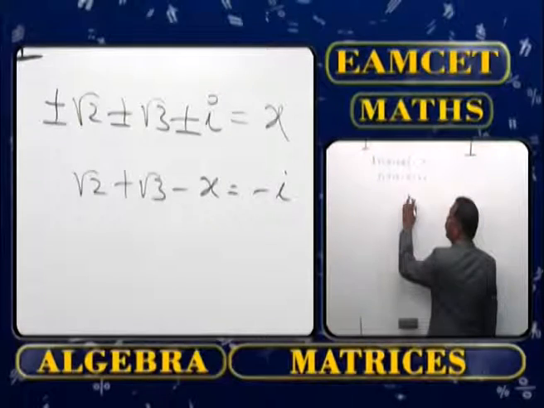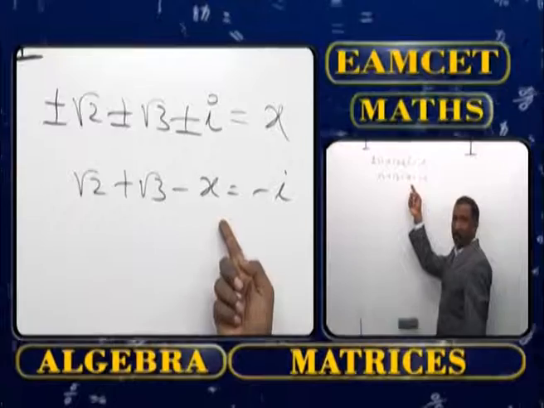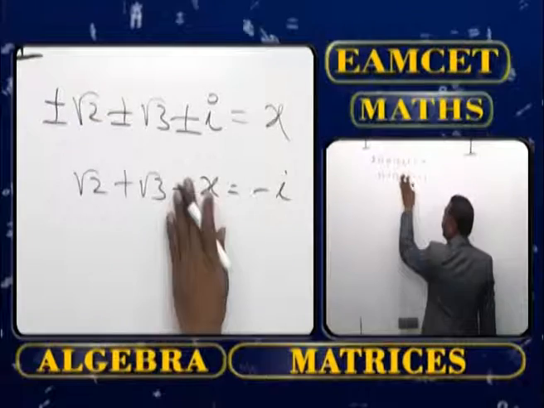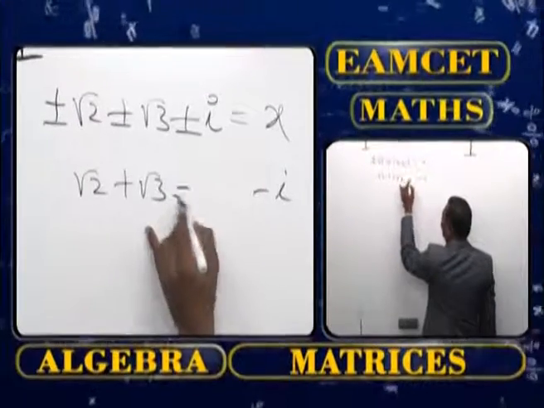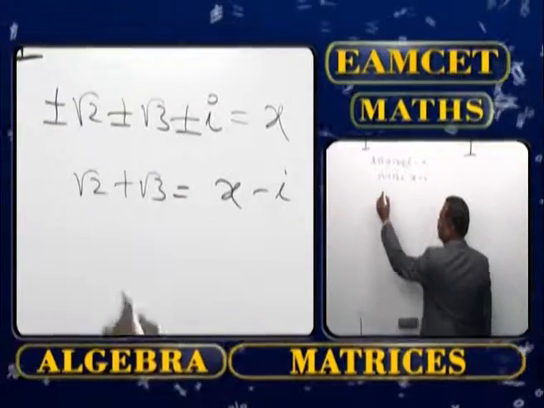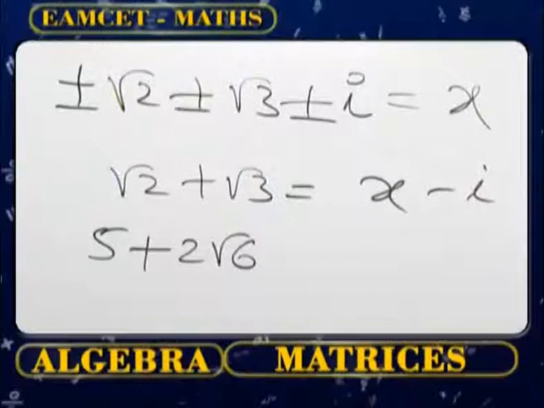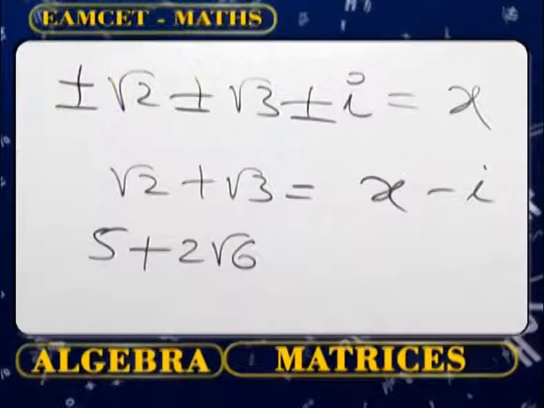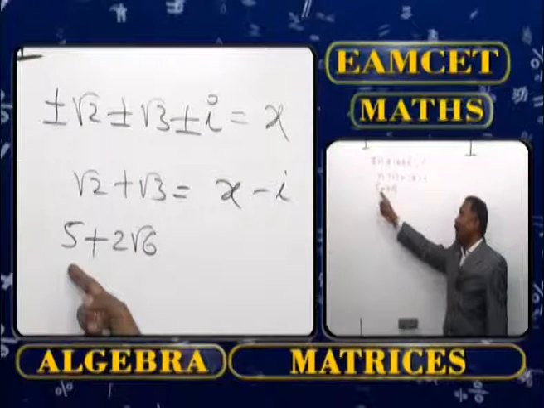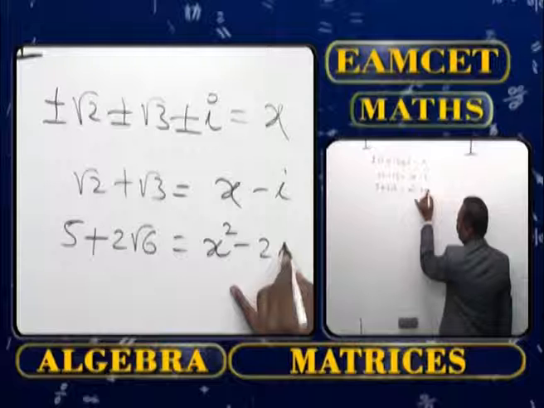If you square it, it will be in the form of a plus b plus c whole square. So, for the sake of easiness, let me write it as x minus i. Then squaring on both sides, it is 5 plus 2 root 6 is equal to x square minus 2ix plus i square.